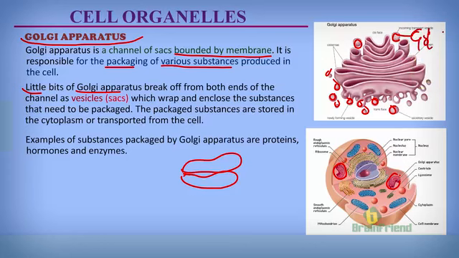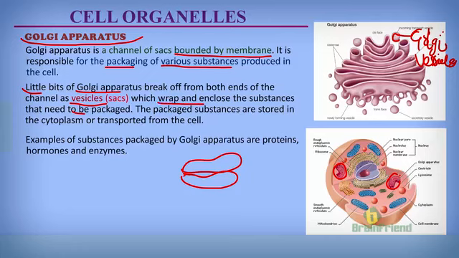Let me write that again. Golgi vesicles. So the little bits of Golgi apparatus break off to give us Golgi vesicles. These Golgi vesicles are like tiny sacs. You can see them, tiny sacs. These tiny sacs simply wrap up a substance that needs to be packaged, and they transport the substances out of the cells.